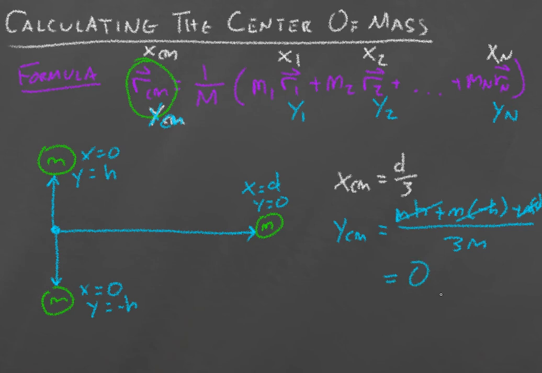So the y center of mass is at 0, which means the center of mass of the system is going to be at d over 3, 0, or d over 3 x hat. In other words, we can treat the x and y components completely separately. We can solve and find what the x center of mass is, and then completely separately find the y center of mass because they're vectors.